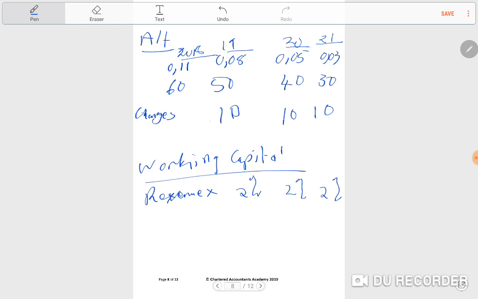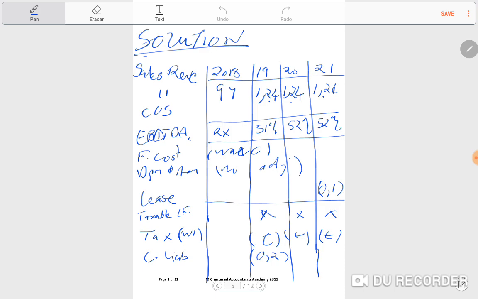So what else are we supposed to do after we get this? So now we have our contingent liability, we have our capex, we have our working capital.